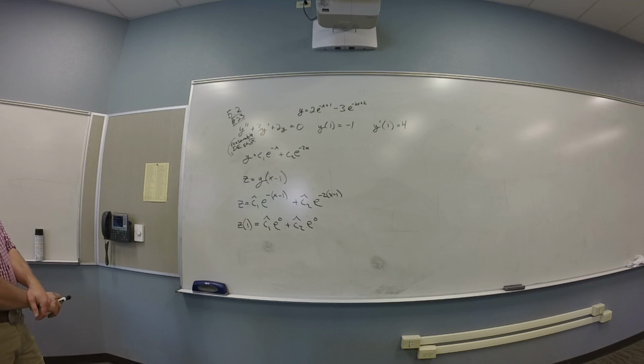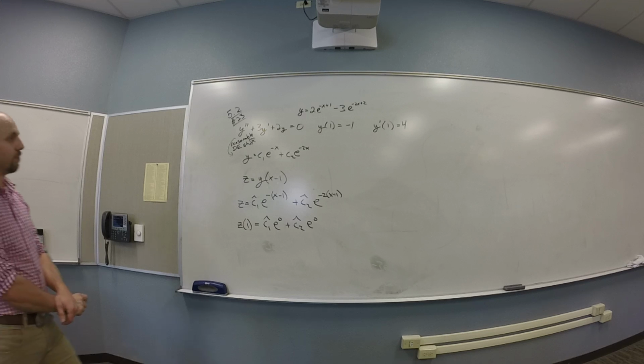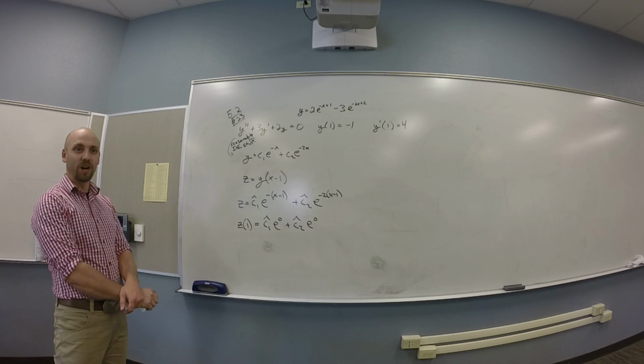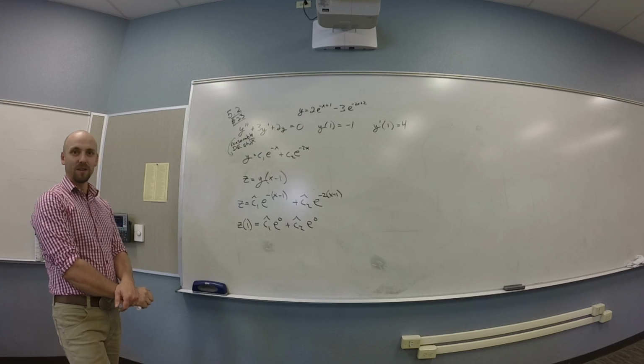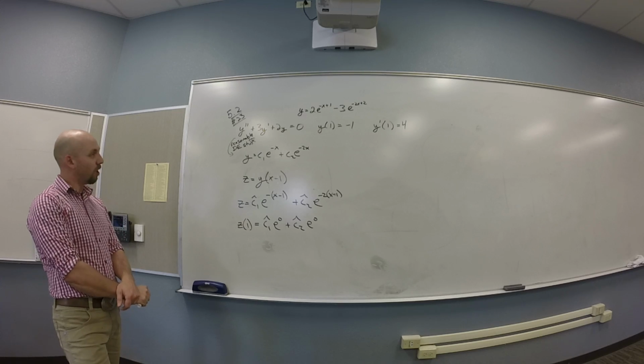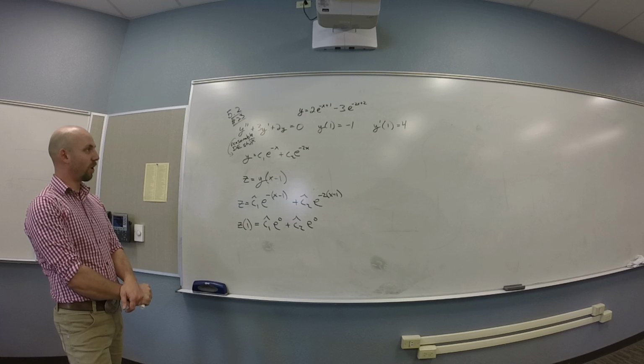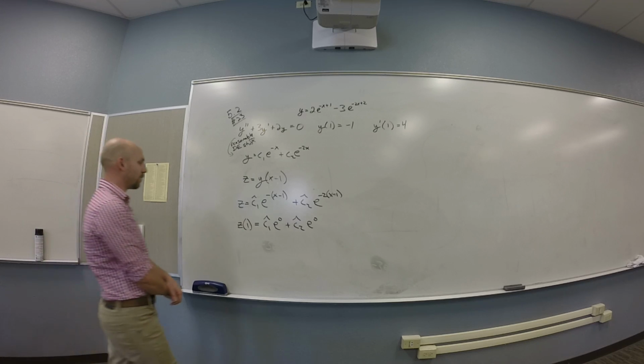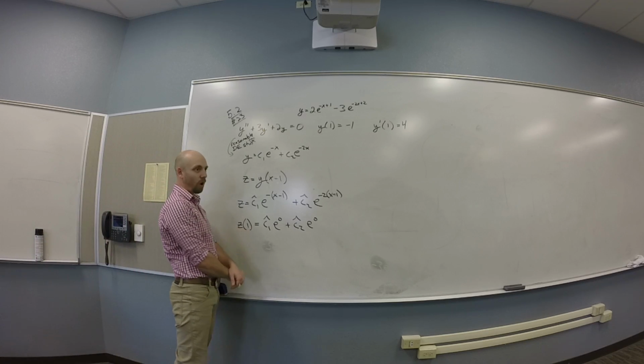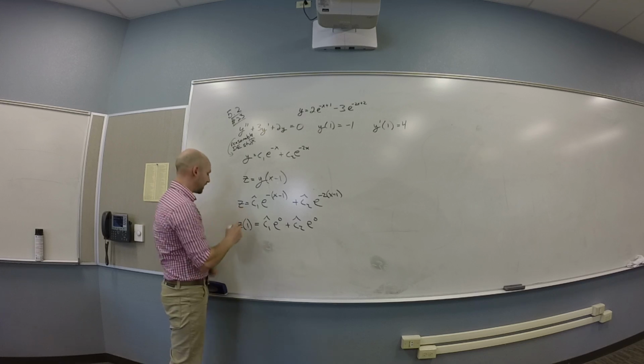So basically my concern is that I've lost track of what I know about, right? You guys see that? What I know is that y of 1 is -1. And what I'm fundamentally evaluating here is z at 1, right? What is z of 1?